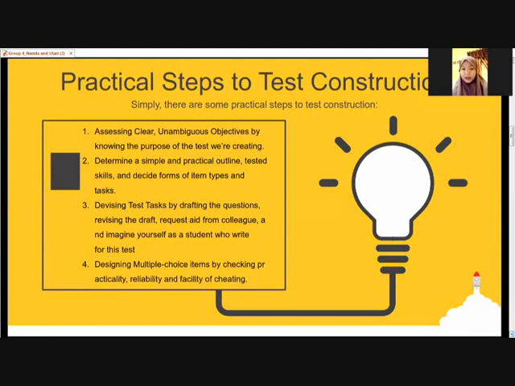And the third is devising test tasks by drafting the questions, revising the draft, getting feedback from colleagues, and imagining yourself as a student who writes this test. And then the fourth is designing multiple choice items by checking practicality, reliability, and also the facility of cheating. Next.